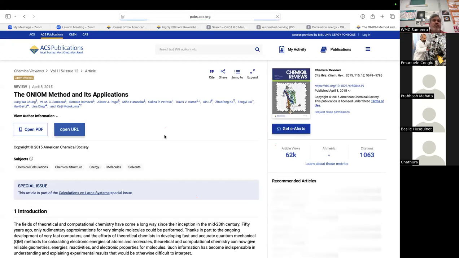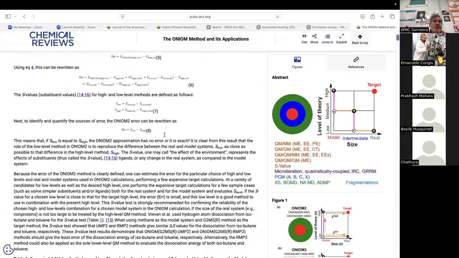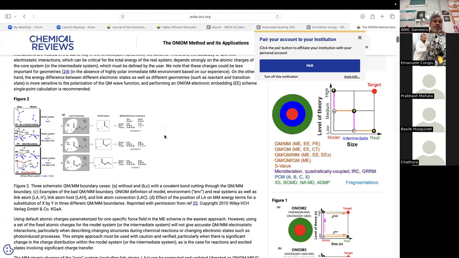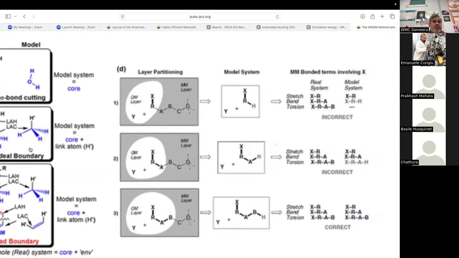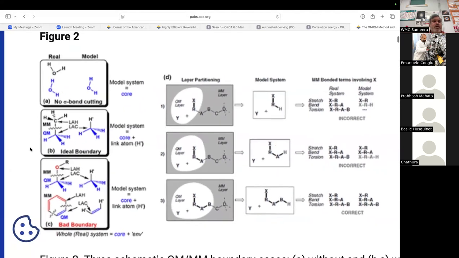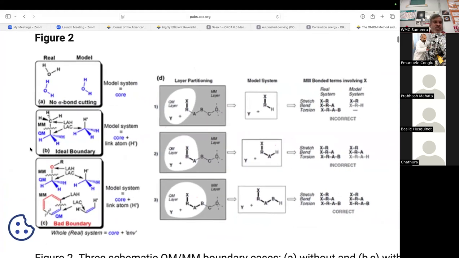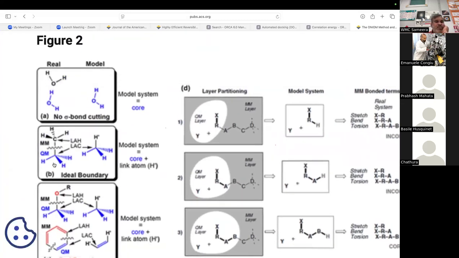So this is a good review paper if you want to learn about the ONIOM method. It uses a link atom to define the boundary. For example, if you break a carbon-carbon bond, we can simply add a hydrogen atom to saturate the covalency.